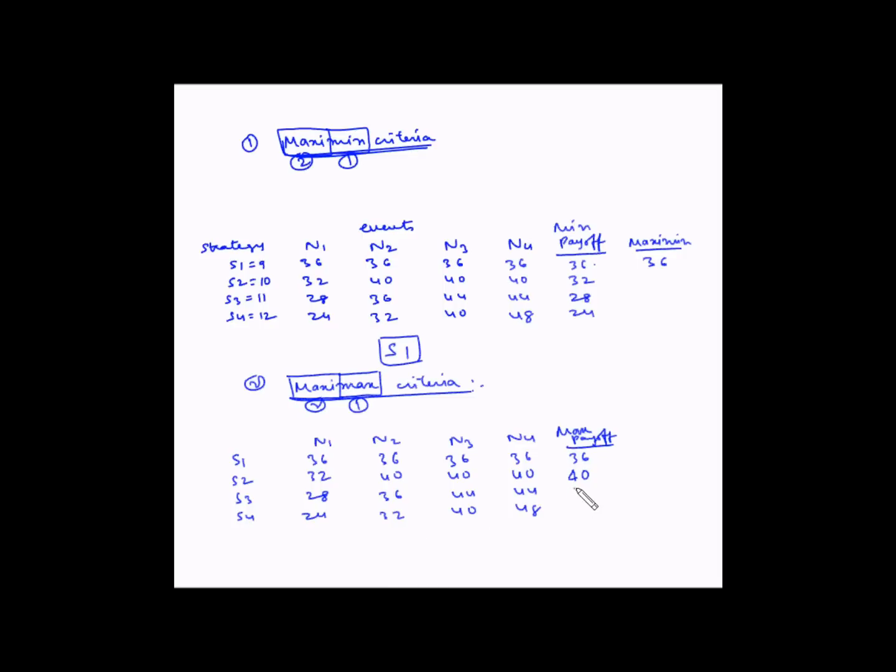For the third, 44, and for the fourth, 48. Now we have to find the maximum of the maximum payoffs. So Maximax. Now the maximum is 48. So basically we are choosing strategy S4.